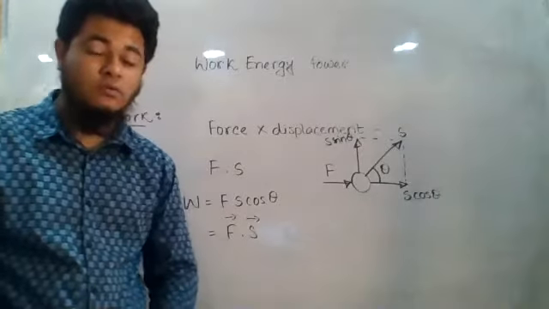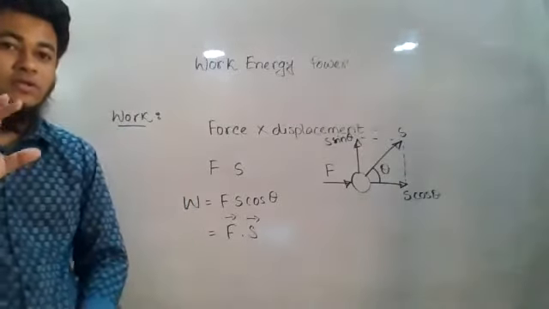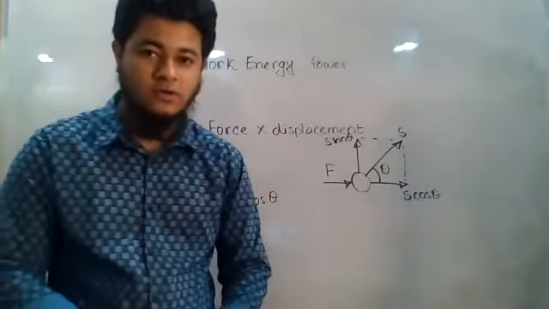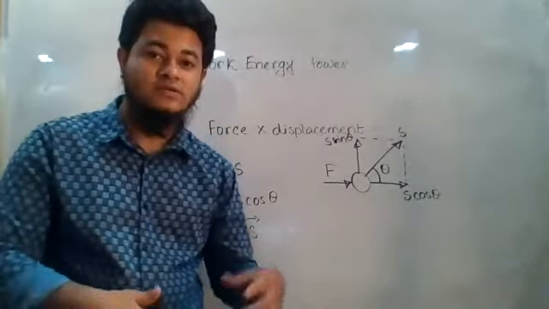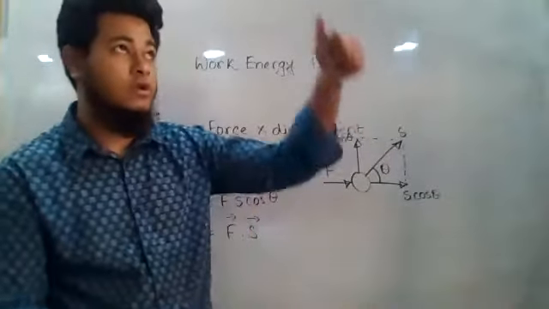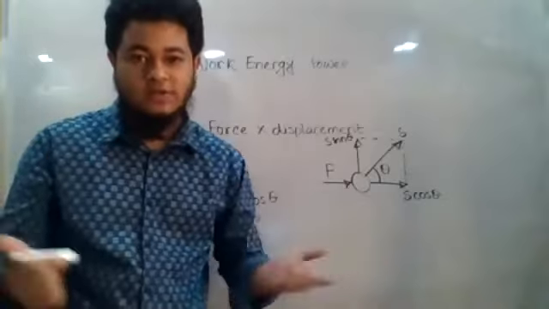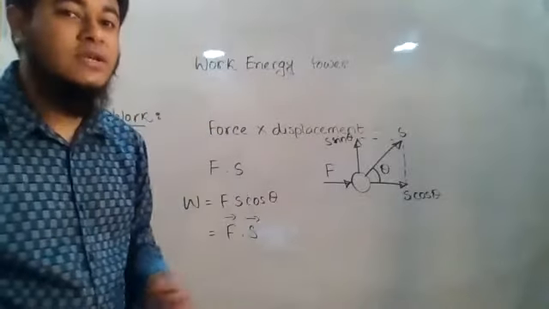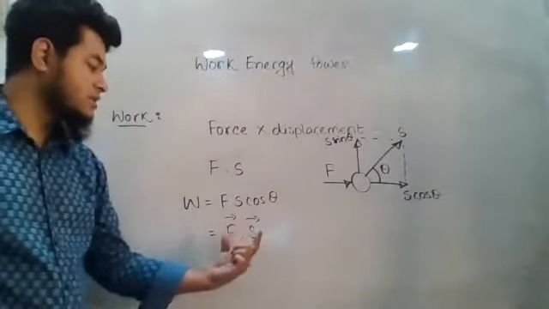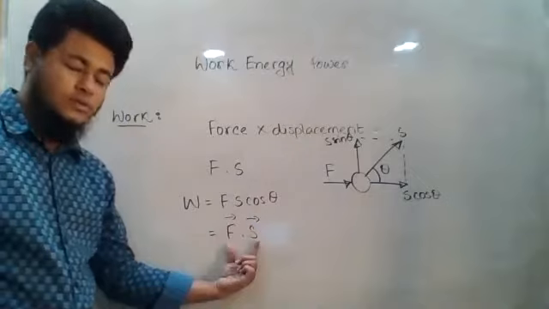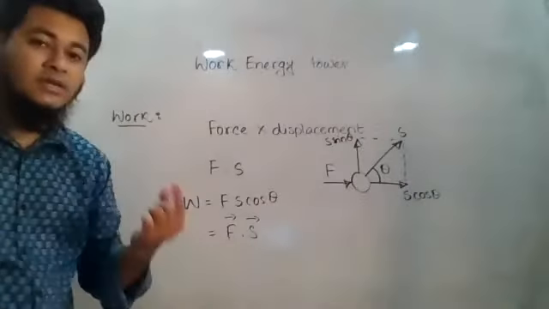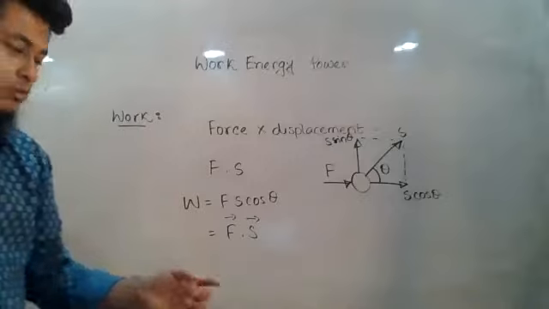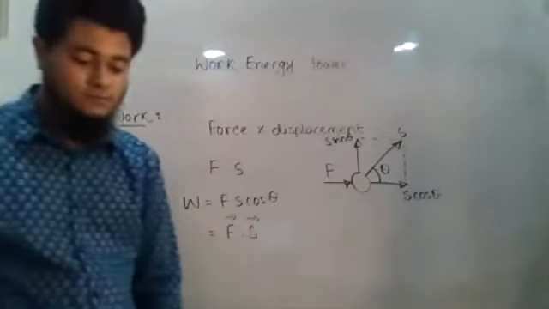If I ask you how much work you have done, you will only tell me the amount of work that you have done, like 20 joule, 50 joule. You will never say, sir, I have done work of 20 joule in the upward direction. Work doesn't have any direction, right? So work is a scalar quantity. So when you multiply two vector quantities and you get a scalar quantity, that is scalar product or dot product. That is F dot S.